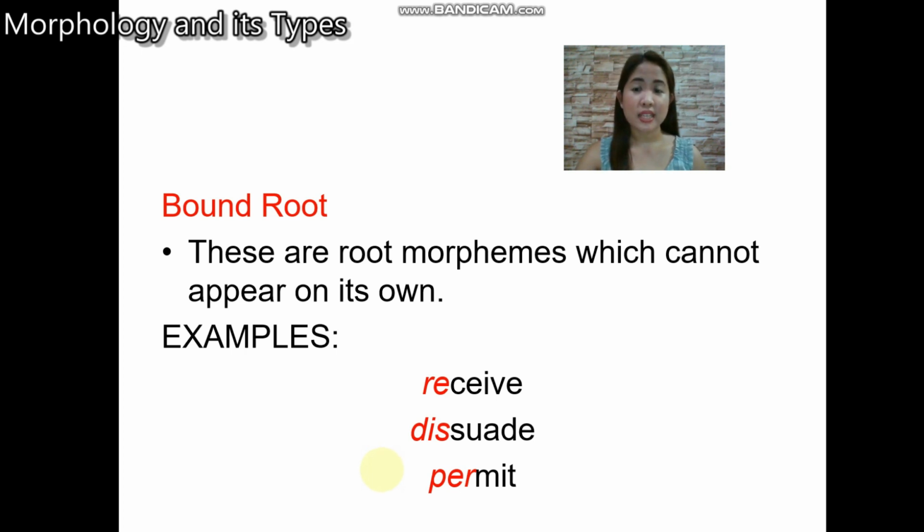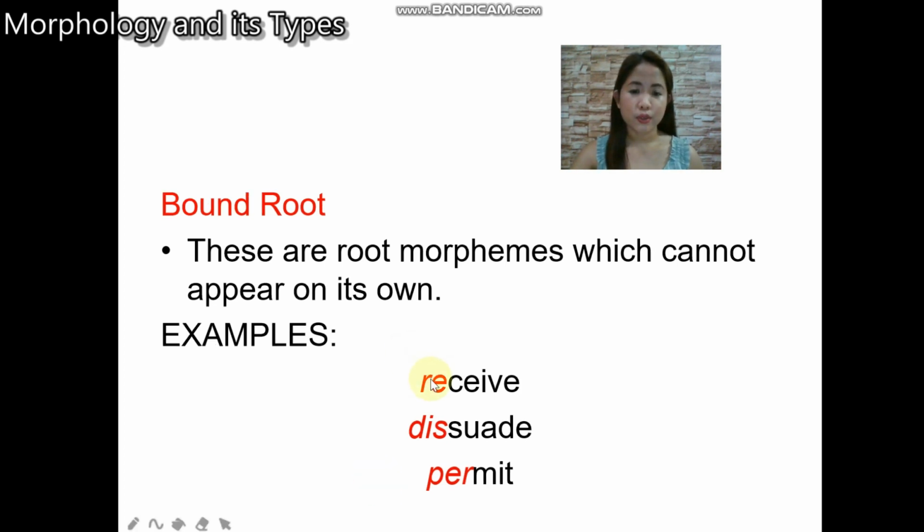We also have submit. We also have this word remit. These root morphemes are not considered a prefix because remember, a prefix is added to a base word or the root word. This base word is an independent word. They have their own meaning. They can work independently on their own.